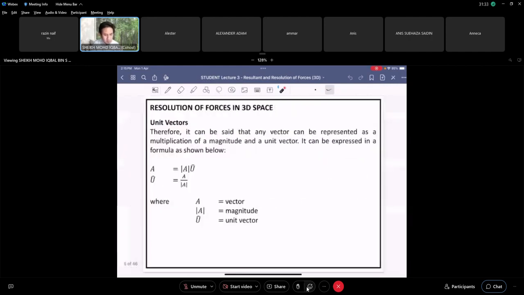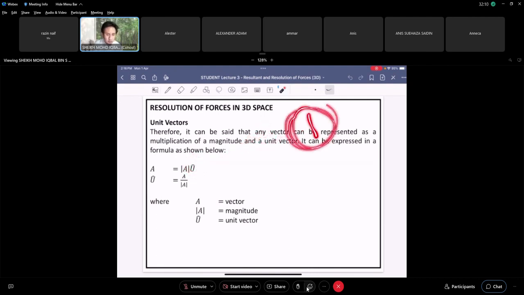Okay, so if you look here, this is a vector, right, which has a magnitude. This one is the magnitude, and this one is the unit vector, which is the direction, right? So a vector has magnitude and direction. That's why the unit vector here must always be 1, right?